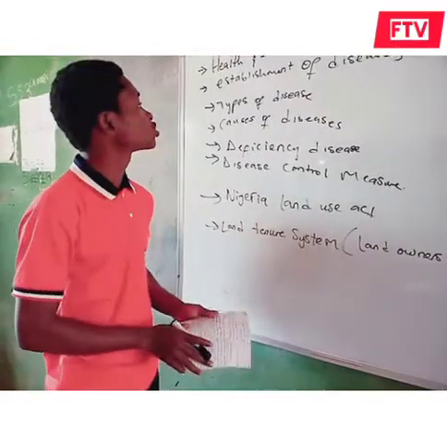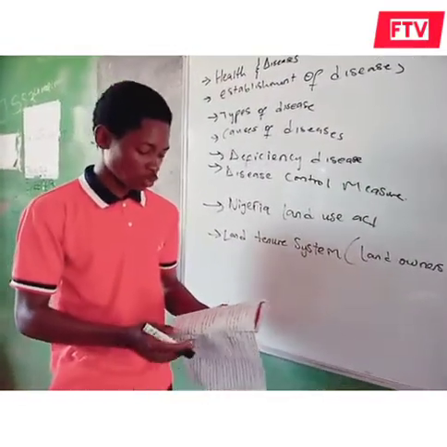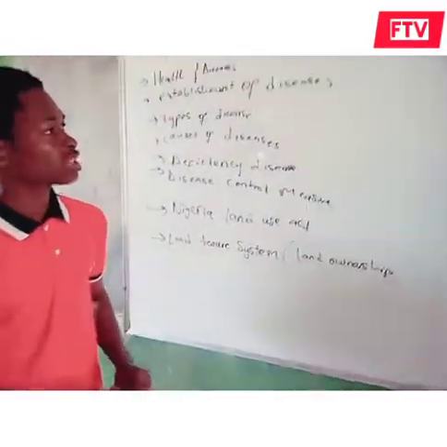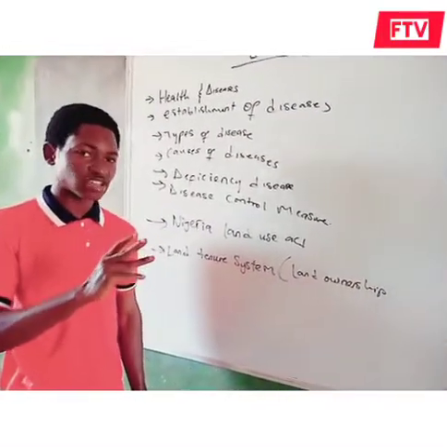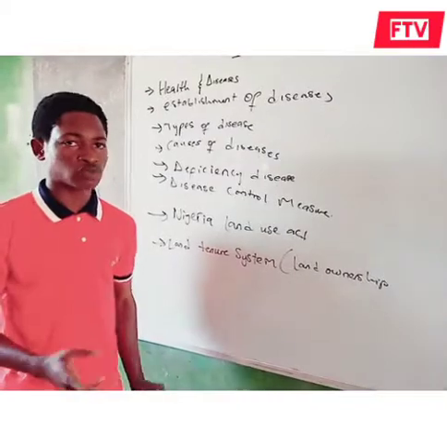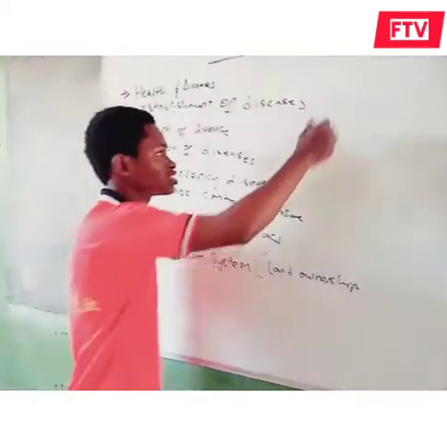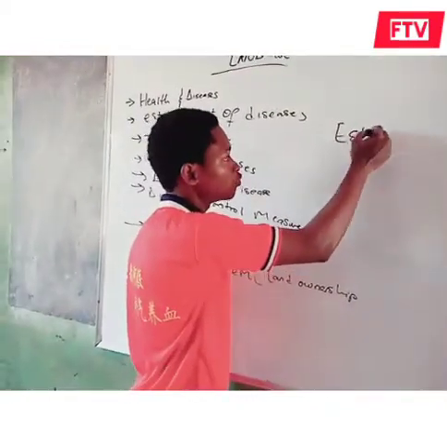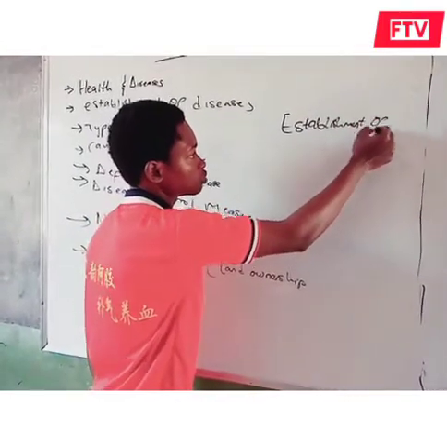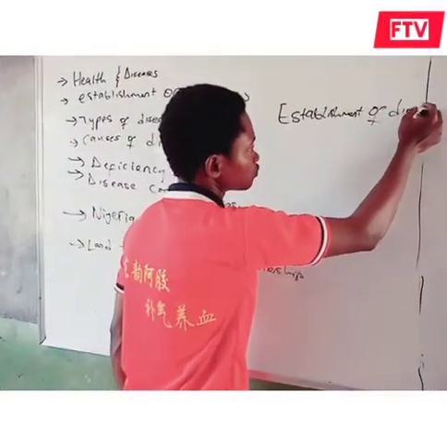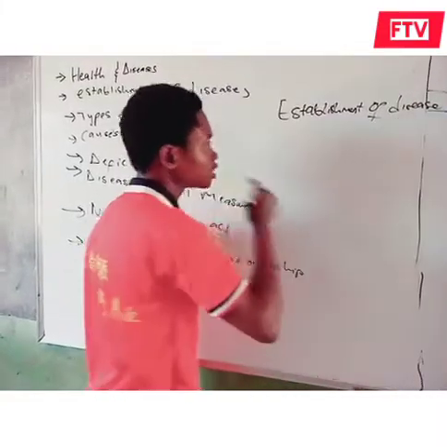Now we go to the next one, which is establishment of disease. If you are talking about establishment of disease, for disease to occur, there are three things that actually bring about the occurrence of disease. That is establishment of disease. If you are talking about establishment, there are three things.